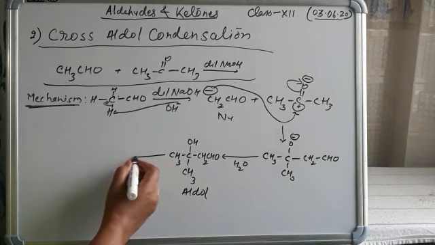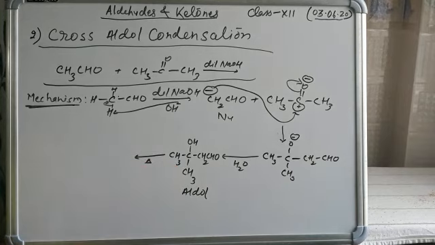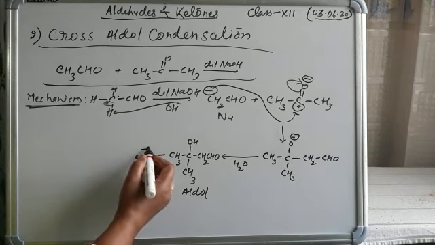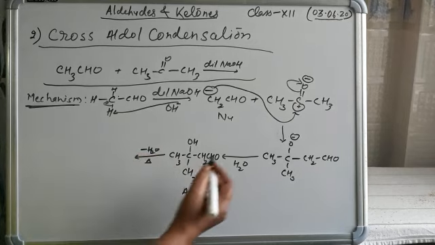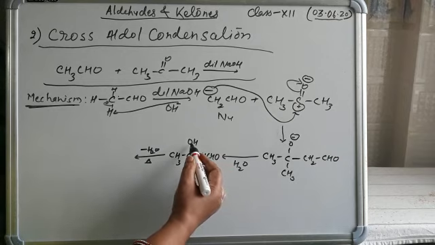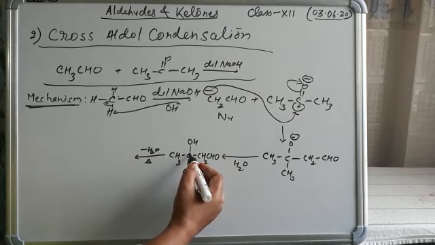When it is heated under mild condition, there will be removal of H2O, hydrogen from alpha carbon and hydroxyl group from beta carbon.